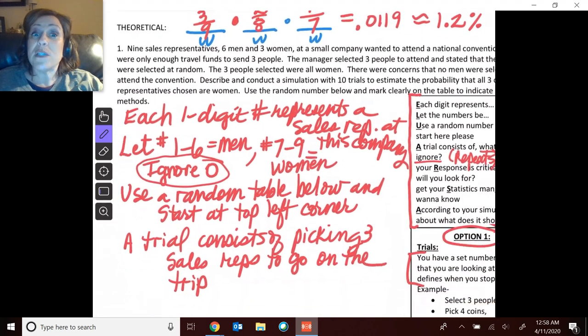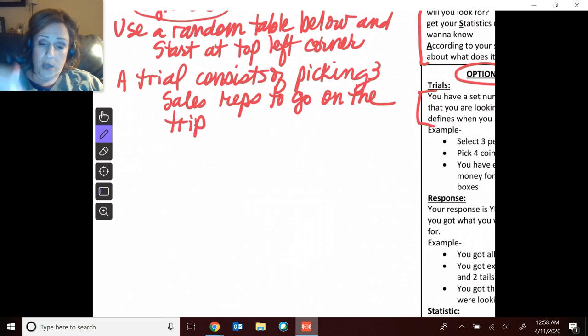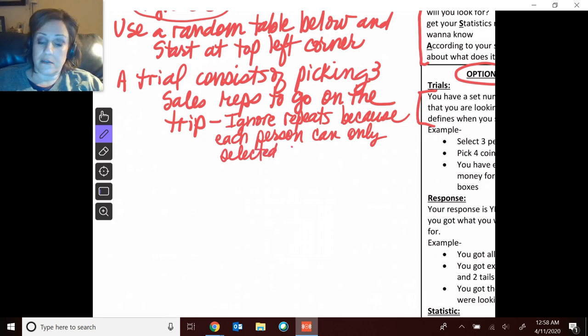So we will ignore the repeats in this case, because each person can only be selected once. And once they're done being selected, they're done. They cannot go back in the bag.